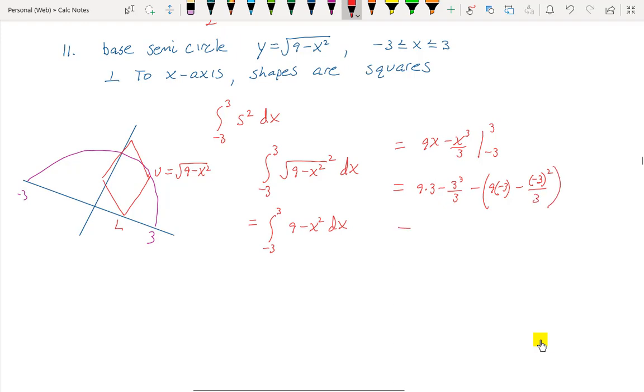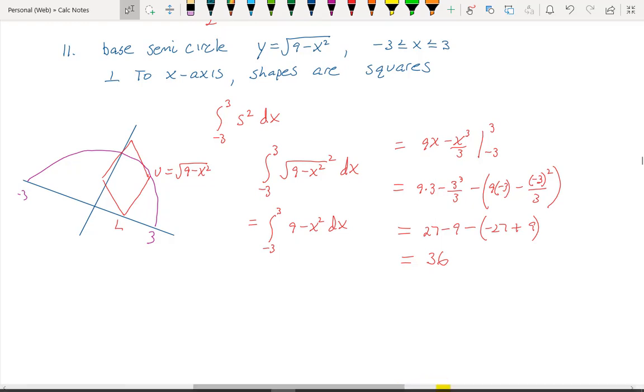All right, we've done this one a few times. This is 27 minus 9 minus -27, and then plus 9 here. And if you add all that up, you're going to get 36. All right, that one wasn't so bad, was it? That one was pretty easy, I think.